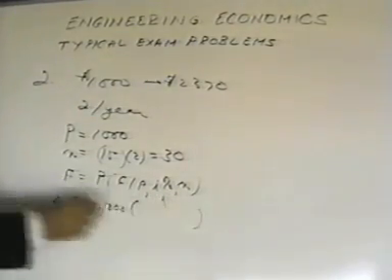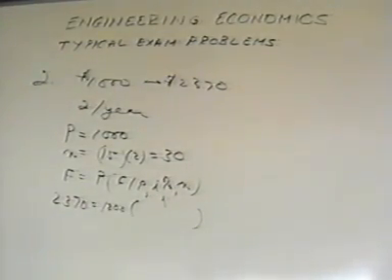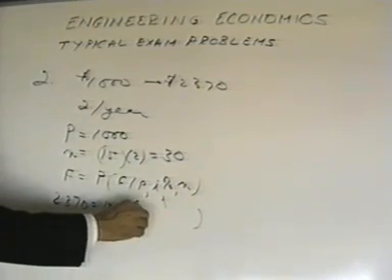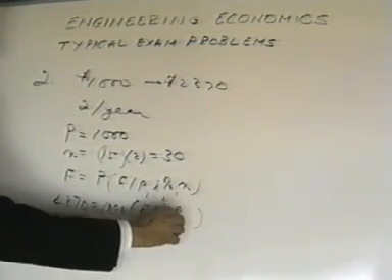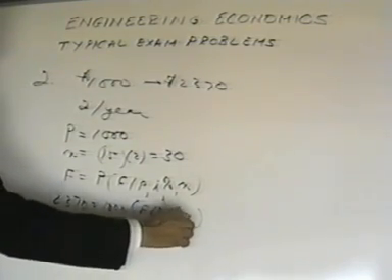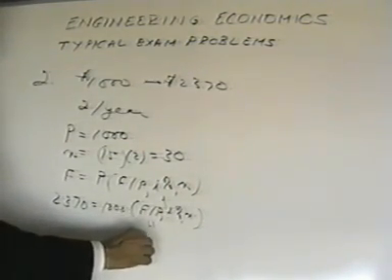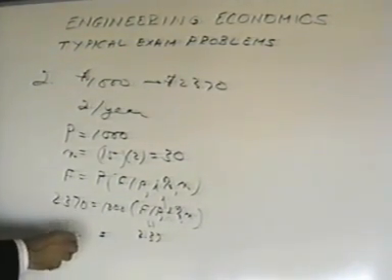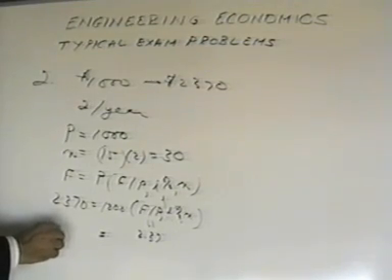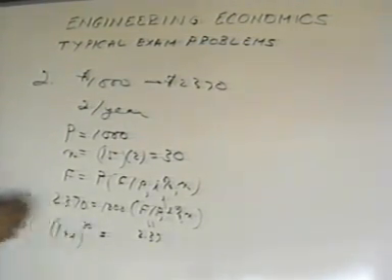And then we have a discount factor, F/P, I%, N, that must equal 2.37. But 2.37 is equal to 1 plus I raised to the 30th power.